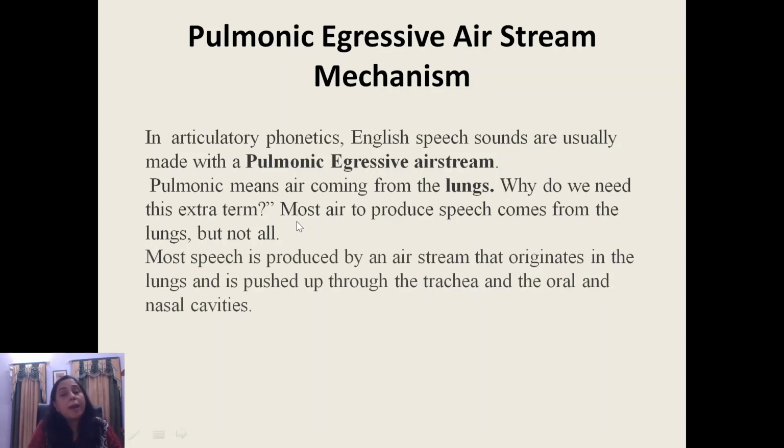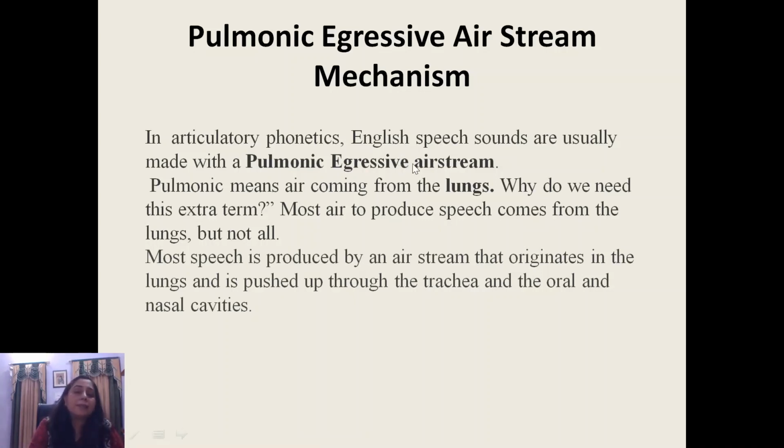But in some other languages, air from the velar region or other regions is also used for producing sounds. In English, it is air from the lungs. So we need to focus only on this: in English, it is the pulmonic mechanism. That means air from the lungs escapes through the mouth or through the nose, and the sound is created.